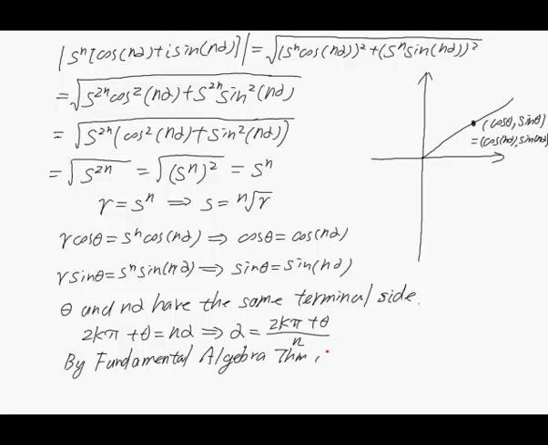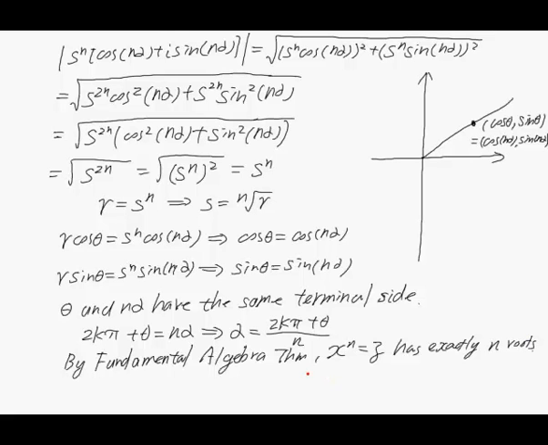And by the fundamental theorem of algebra, we know x to the nth equal to z, where x is unknown and z is a known number, has exactly n roots.